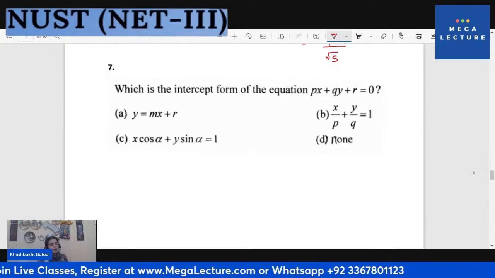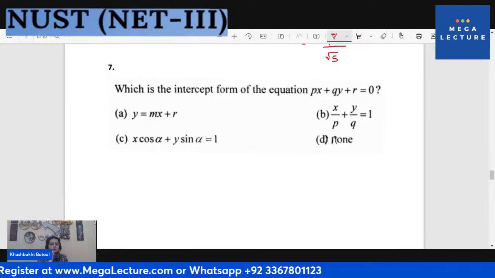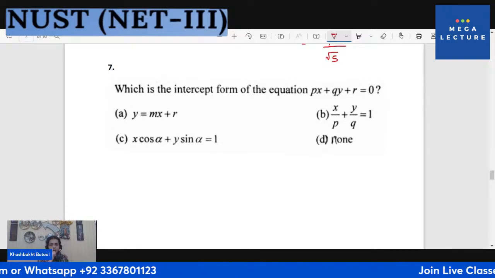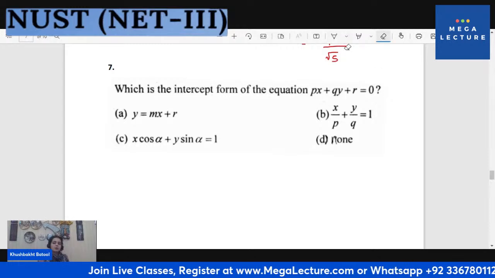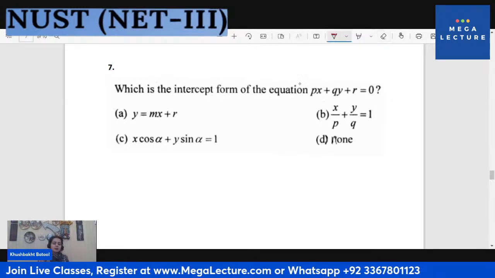Okay, now it says which is the intercept form of the equation px plus qy plus r equals 0. Now in general, I'm just talking about how it is in general.